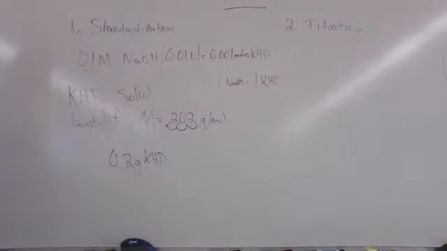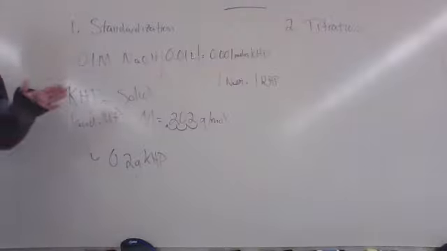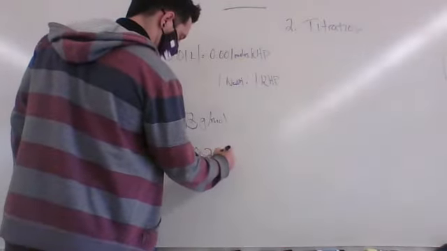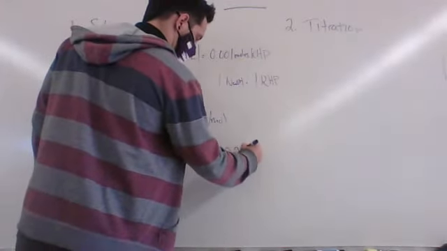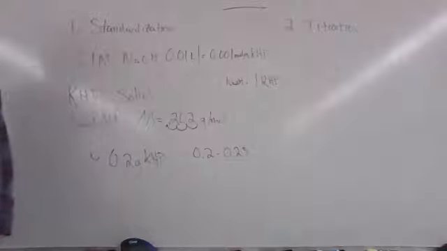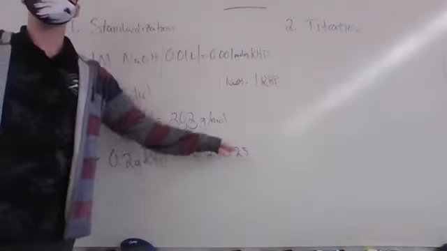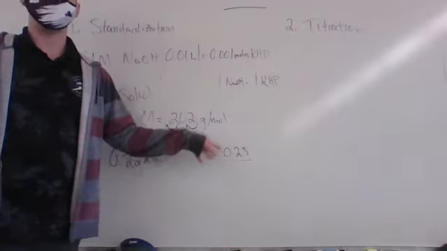Okay, so we're going to take approximately 0.2 grams, but we're going to record that mass exactly. So it can be anywhere from 0.2 to 0.25. It doesn't really matter. We're going to measure that exactly and find out what that mass is.